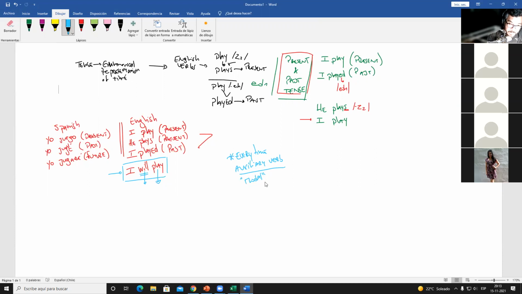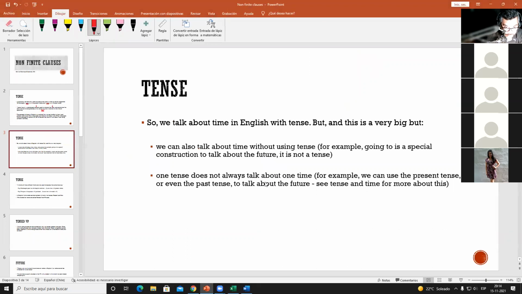Modal verbs like will, might, may, can, could, shall, would, must, have to, ought to. Okay. So every single time that I have one of those modal verbs, I will have tense. That's important.